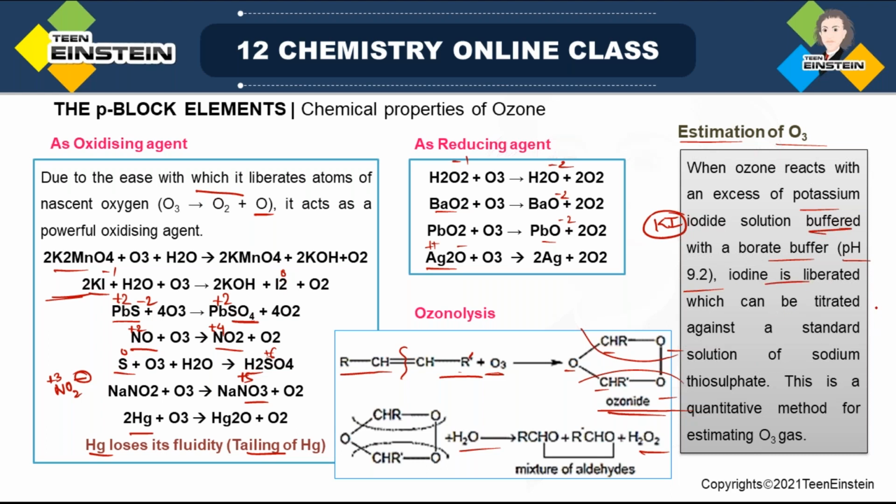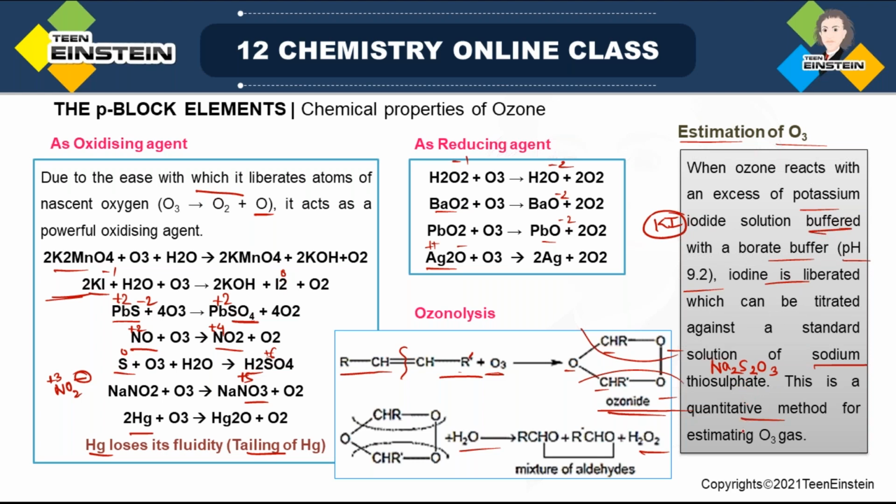Now this liberated iodine can be titrated against a standard solution of sodium thiosulfate, that is Na2S2O3. Now sodium thiosulfate is a reducing agent, so it will reduce iodine again to I minus. This is a standard solution of sodium thiosulfate, that means the concentration of Na2S2O3 is already known.